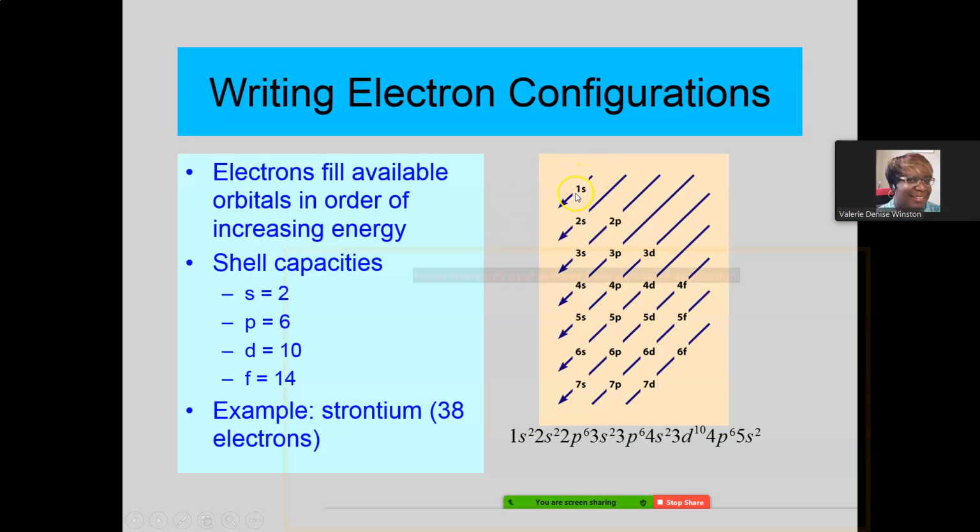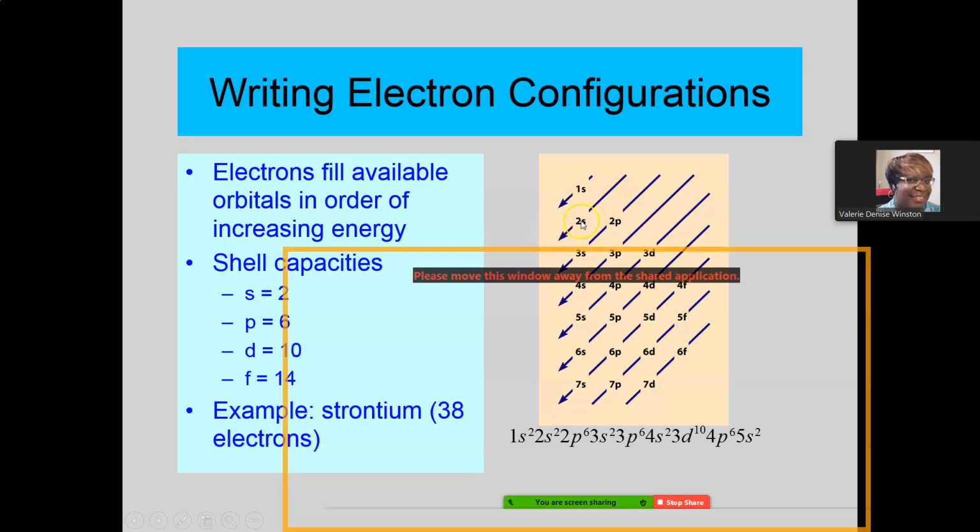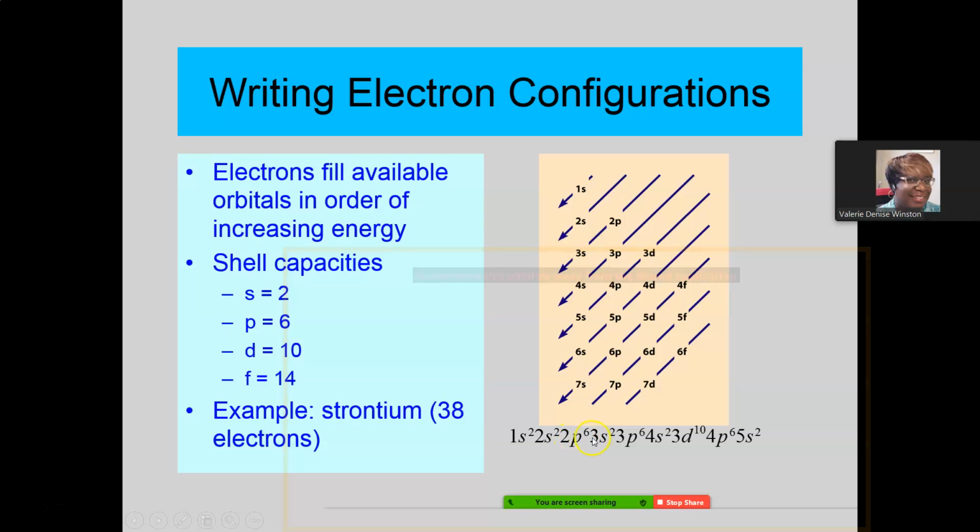We start here, 1s, how many is that? 2. 2s is 2, that makes 4. 2p is how many? 6. So that's 10. And 3s is 2, and that makes 12. And there's where we stop. That is magnesium. 1s2, 2s2, 2p6, 3s2.